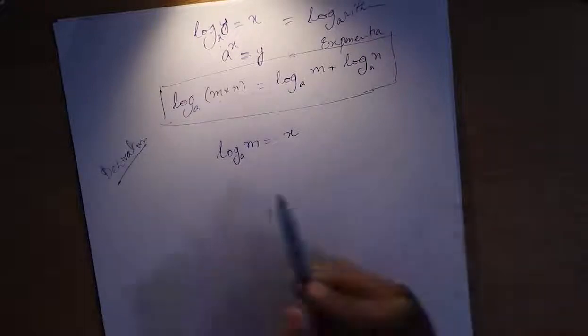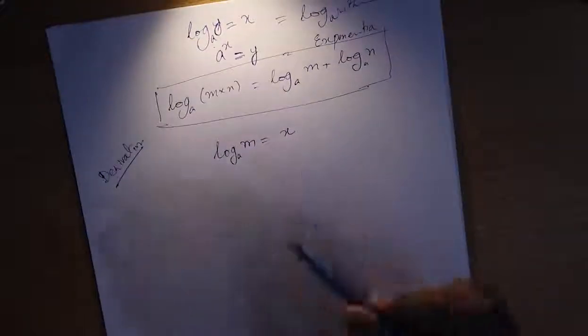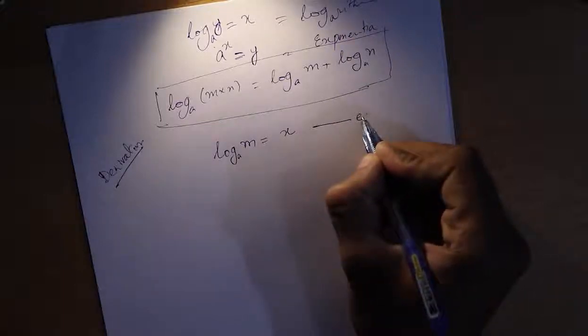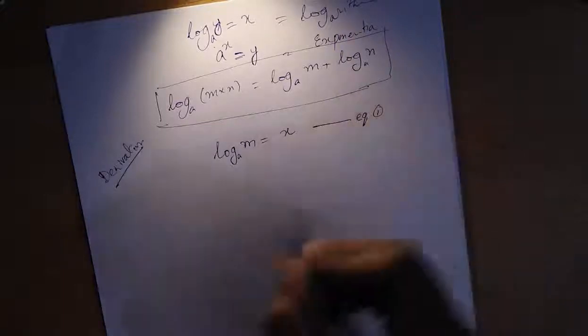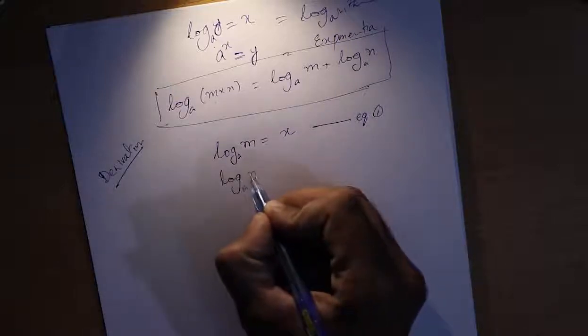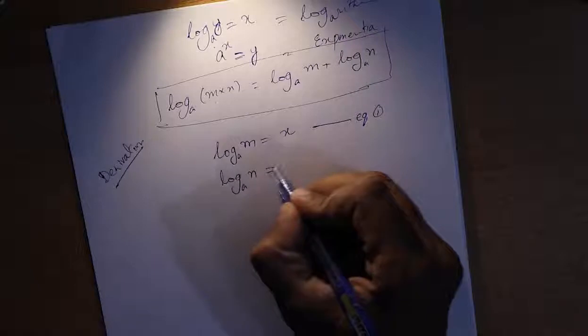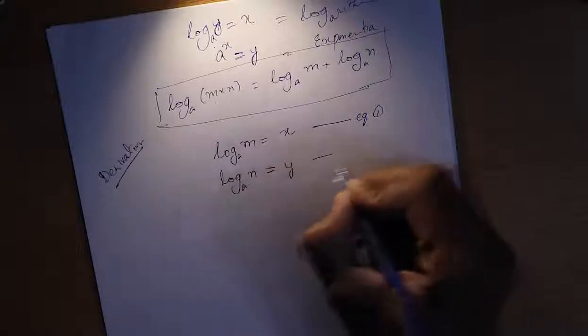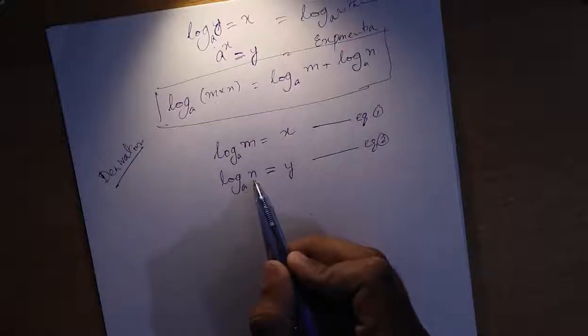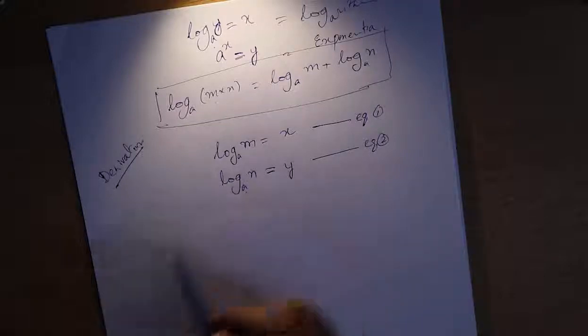We have assumed that the log of m is x. Now this is our equation number 1. Now take log of n on base a is y. So we have another assumption which says if we take the log of n on the base a, you will get the value of y.